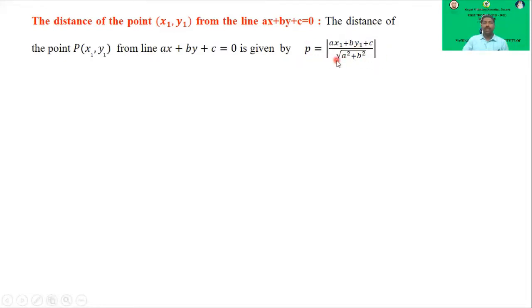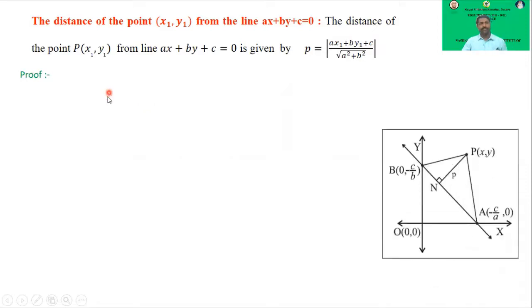By using this formula, we can find the distance between the given point and the given line ax + by + c = 0. Here x and y are replaced by x1 and y1 in the equation of the line, and this quantity is divided by root(a square + b square).